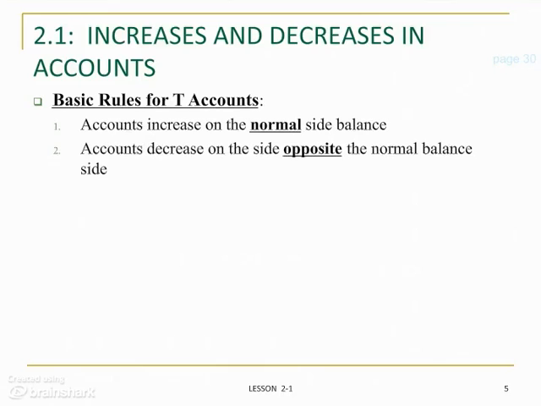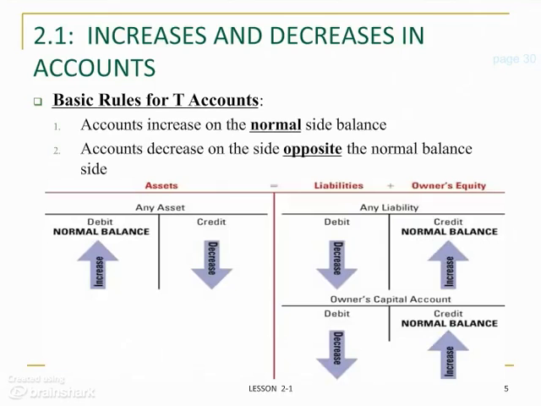If the account is going up and it's an asset type of account, assets increase on the debit side. So if an asset is increasing, it's going to be on the debit side. If an asset account was decreasing, it's going to be on the credit side of the T account.